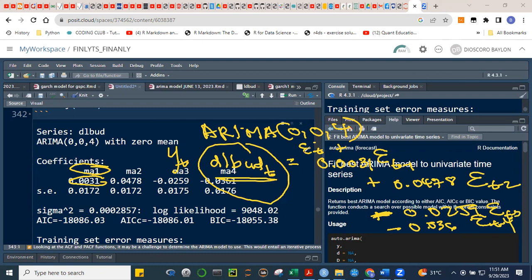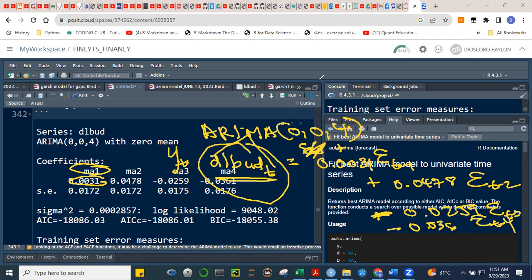If I delete this, class, what will our model become? It will become a forecast, right? Because there is no error term anymore. It becomes the predicted or forecasted value itself. Anyway, we'll still continue to discuss this.